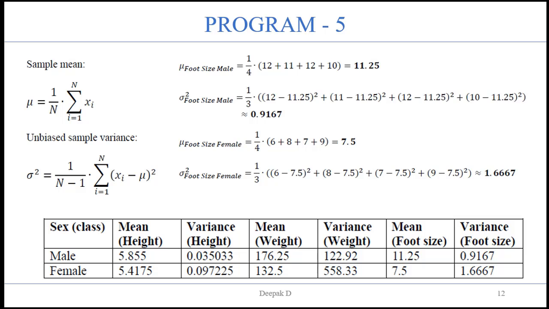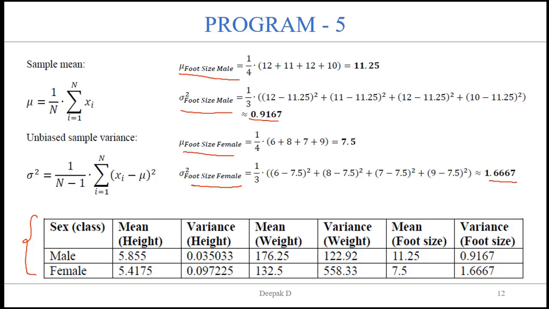So as we have three variables, height, weight and foot size, we are going to identify the mean value of height, mean value of weight and mean value of foot. So substitute the values in the given formula and try to identify the values. And these are the values that I have received, and these values have been summarized in this way.